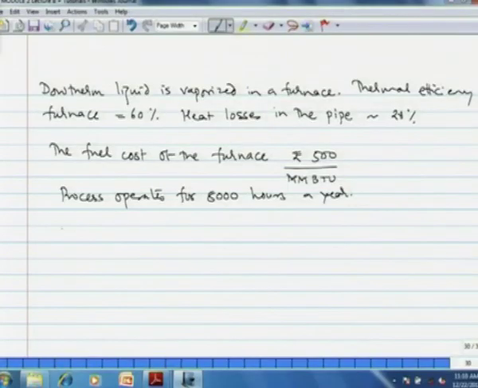We have to answer the following questions for the process. First, draw the input-output structure of the flow sheet.